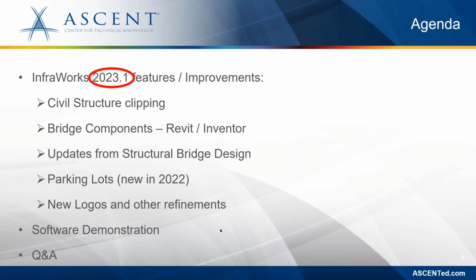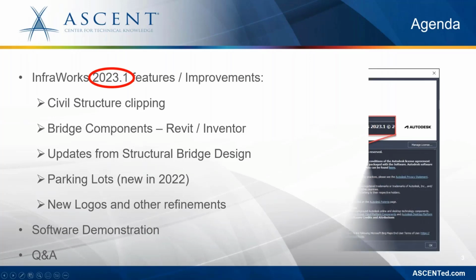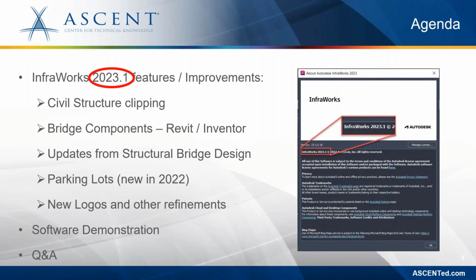This demonstration, as well as the impending course that we're about to release, runs on 2023.1. And if you go to the About section of InfraWorks, it will tell you what release you're working on. And once again, it needs to be 2023.1.